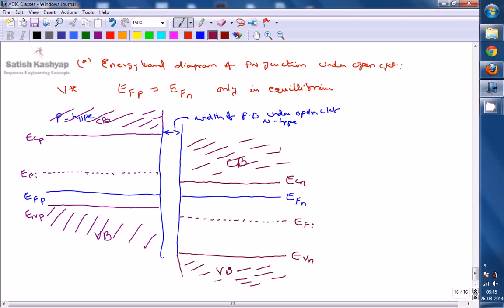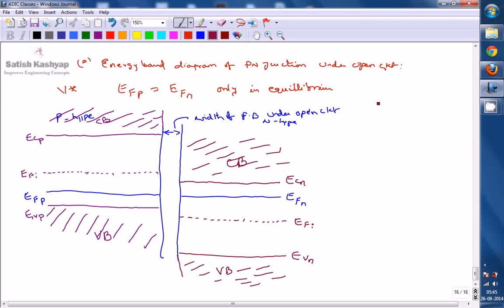So now we will define the height of the potential barrier. The height of the potential barrier can be defined under open circuit. We know that when majority charge carriers flow from one side to the other side, minority carriers also flow from one side to the other side.